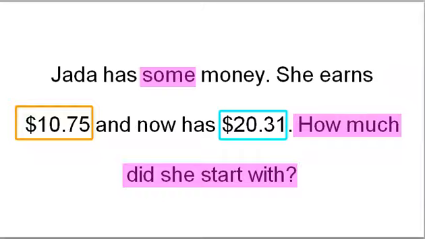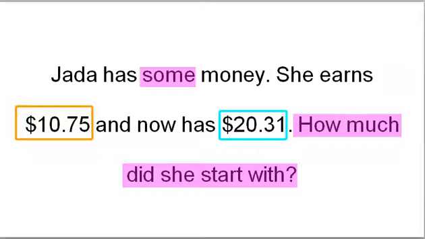All right, so I want you to think, do we have our whole? If I have some money and I earn a little bit more and now I have $20.31, is this some money going to be greater than or less than the $20.31 that I have now? Think about what my units are and how I can use different operations using units that are identical.